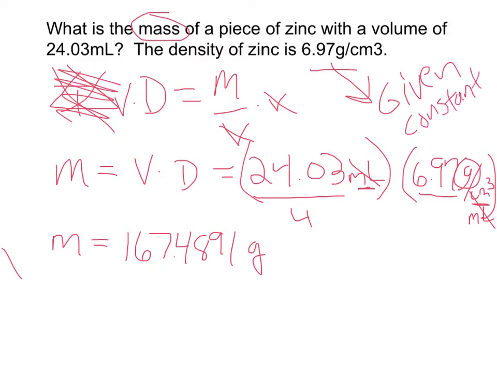When we are given a value or a constant, it's been measured by so many different scientists over such a long period of time that it's considered to be a perfect number, which would mean it has infinite significant figures, which would mean it doesn't figure into our significant figures rounding in our answer.